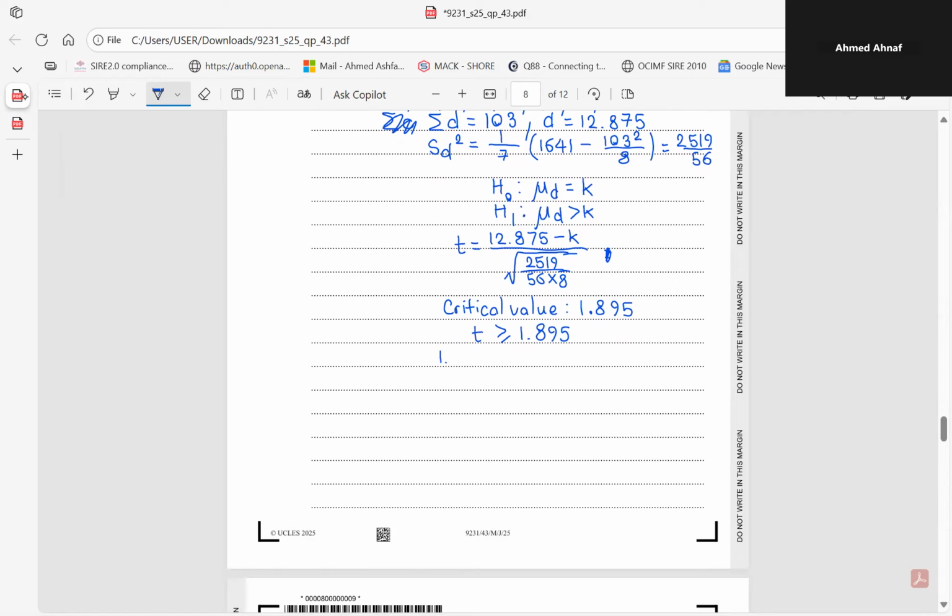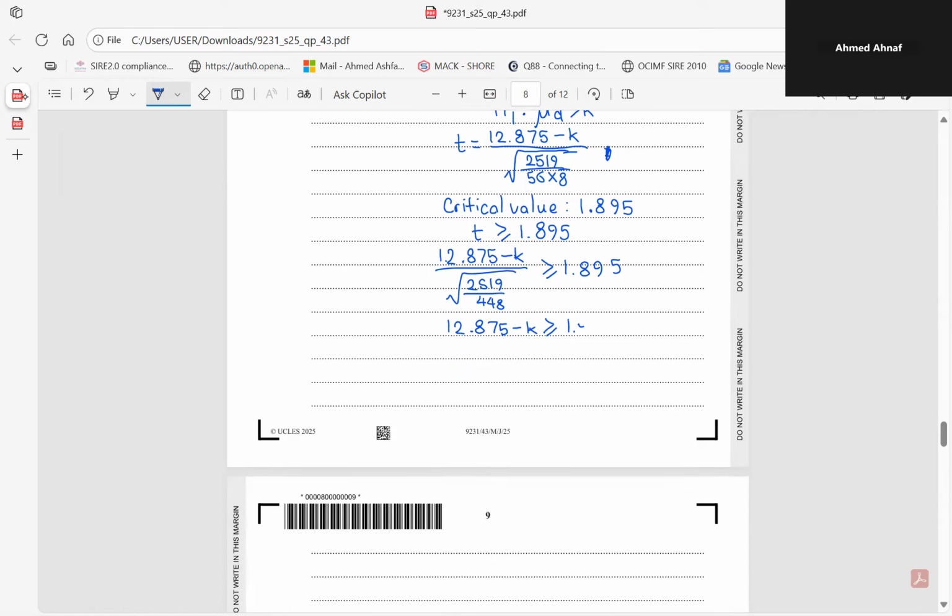So we can start solving for k. 56 times 8, so 448, more than or equal to 1.895. 12.875 minus k is more than 1.895 times 2519 over 448.